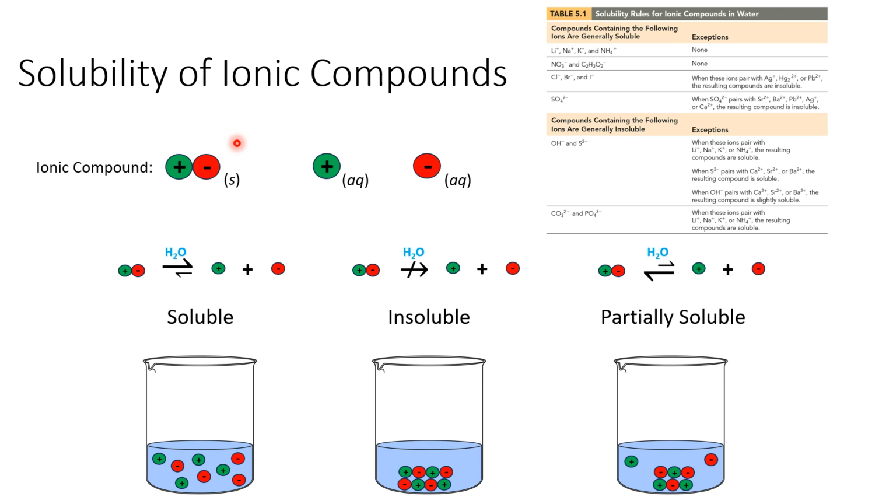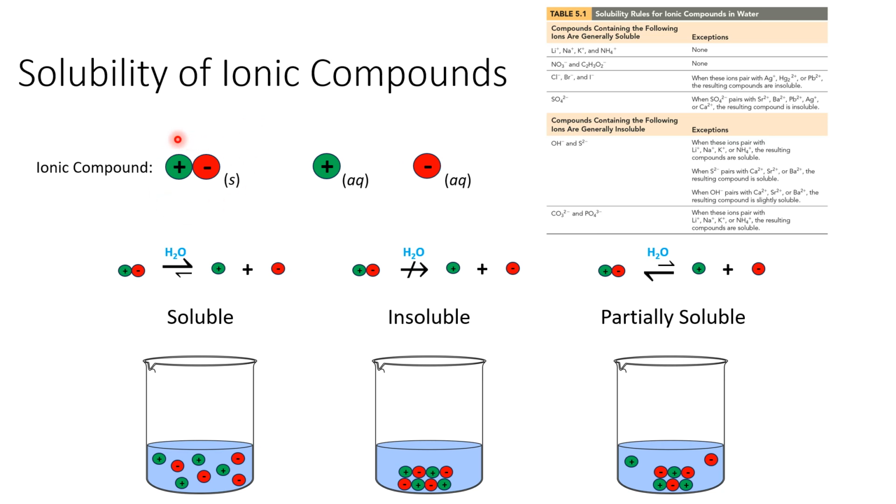But the criteria is that it has to be a metal and a nonmetal. The only other exception to that is ammonium, NH4 plus, a polyatomic ion. That's the only time you really see a positively charged species that is not a metal. And then the counter ion could usually be a nonmetal species or a polyatomic ion that's negatively charged, all of which are made of nonmetals. But that's what an ionic compound is.